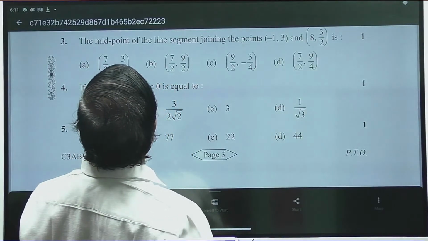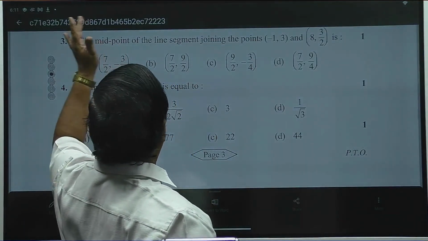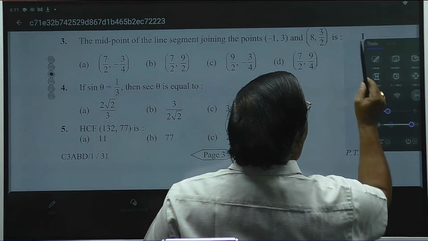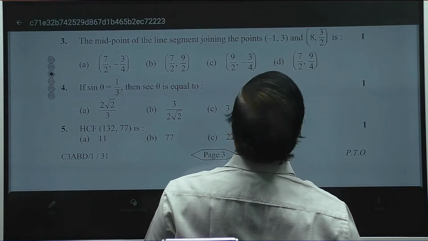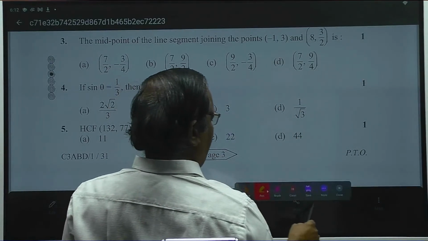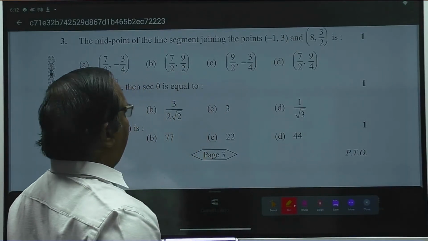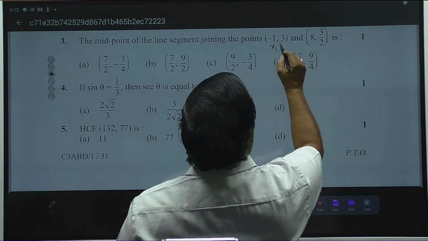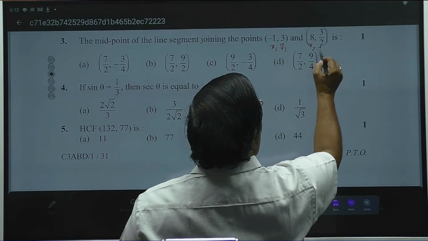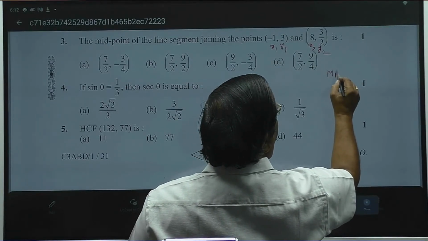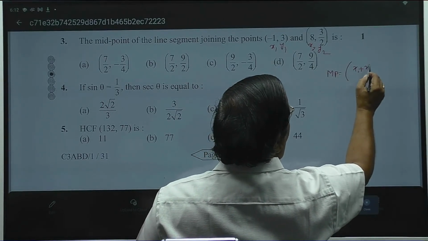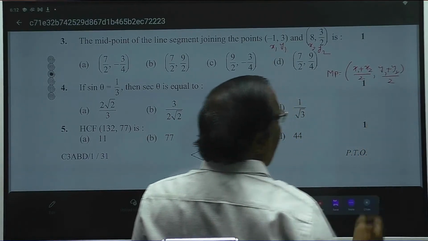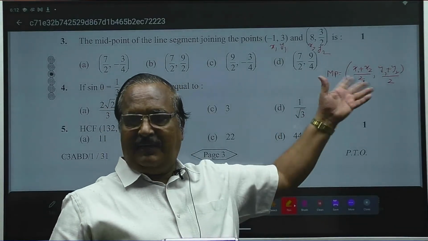So let me do the midpoint question. It is completely a midpoint question, a direct question, right? So now the midpoint formula: let us say this is x1, y1 and this is x2, y2. So the midpoint is equal to (x1 plus x2) by 2, (y1 plus y2) by 2. Just to give you the formula, I am writing it.